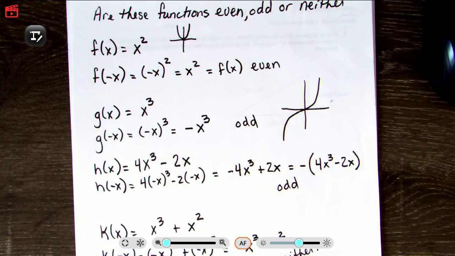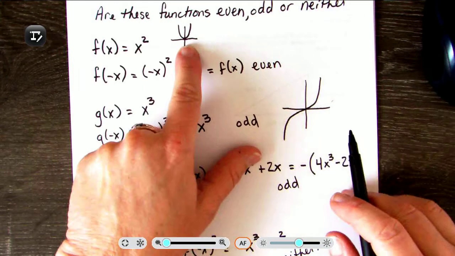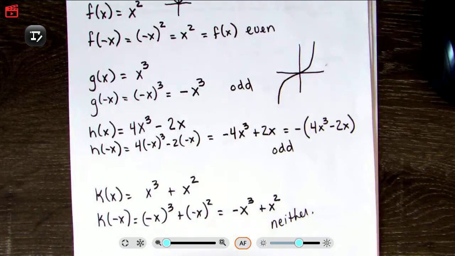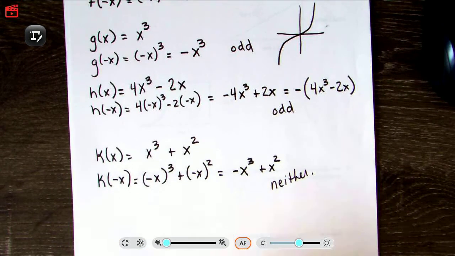Your absolute value function will fall into that even category. Your square root function is a neither, because we can't take the square roots of those negative or those opposite values. So that is a neither function. So we have lots of concrete examples of everything we know.